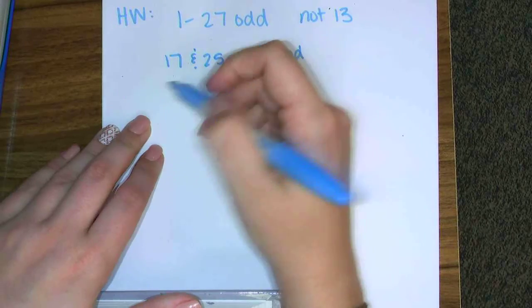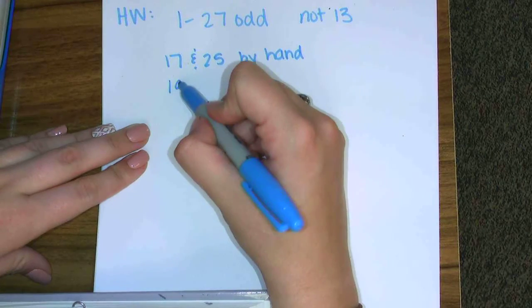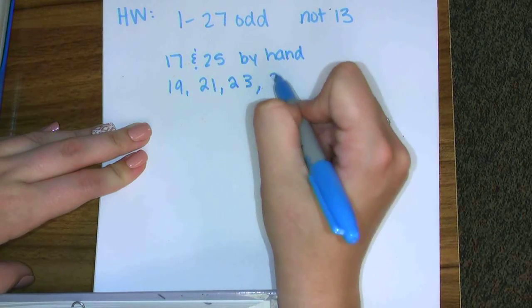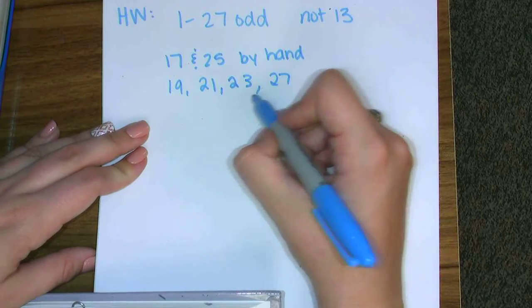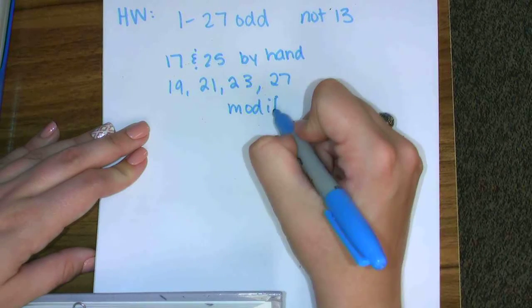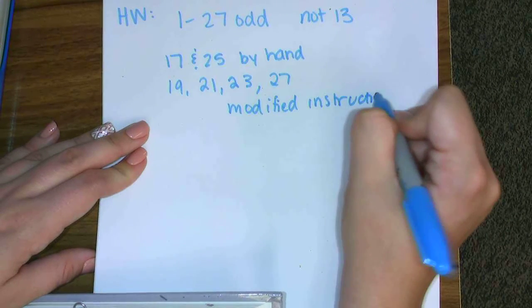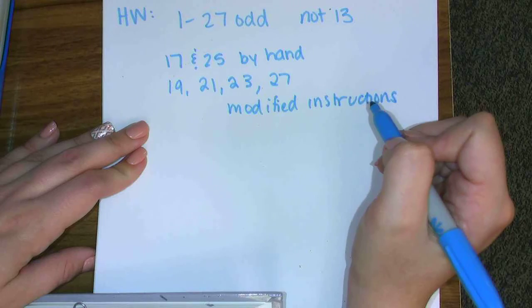But 19, 21, 23, and 27, you're going to do the modified instructions on a calculator.